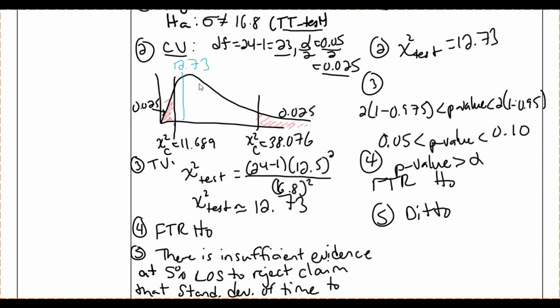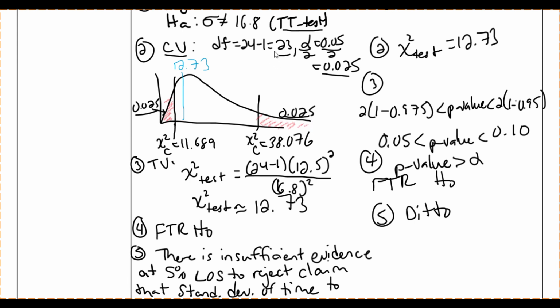I drew my chi-square distribution and labeled each area 0.025. If I need to look up the critical value for the left side, I need to do 1 minus 0.025, so I look up 0.975. If I need the right critical value, I simply look up 0.025.